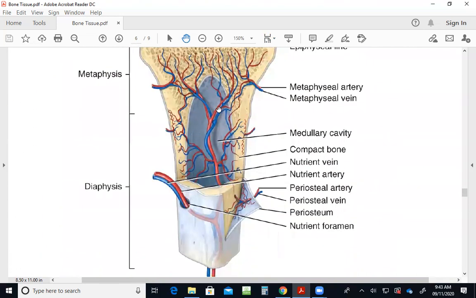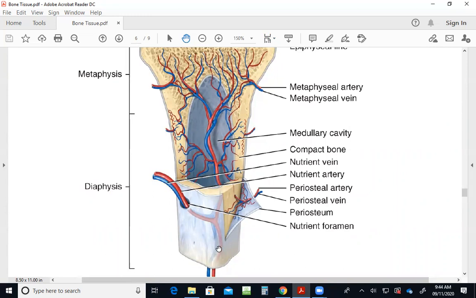We provide the inner parts of the bone with blood vessels that pass through holes in our bones. The word foramen refers to a hole through a bone. At the center of our long bones, like the tibia shown here, is what's called a nutrient foramen. That allows a nutrient artery to come in.